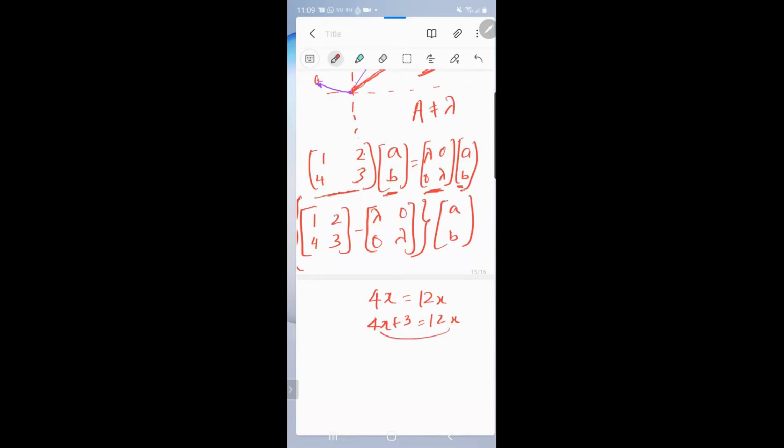So you would do 3 equal to 12x minus 4x. I did the same thing, taking a, b as my variable x and just subtracting the coefficients. Is this clear? If you don't understand this, it is not going to be easy for you to follow. Please don't feel shy to say if you don't understand.